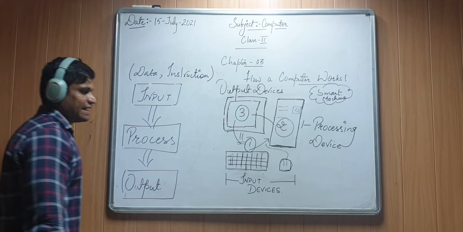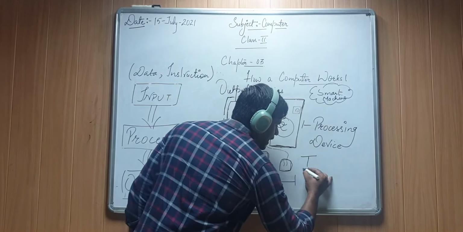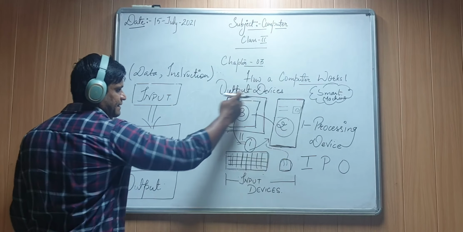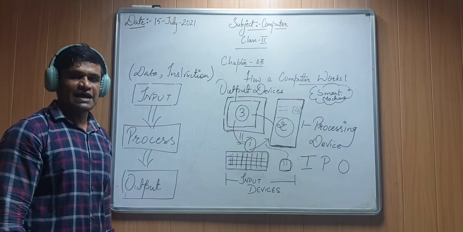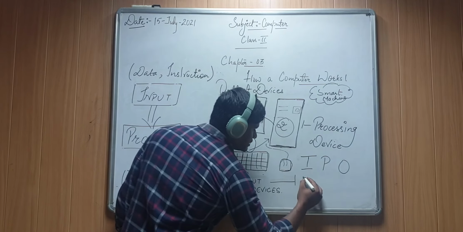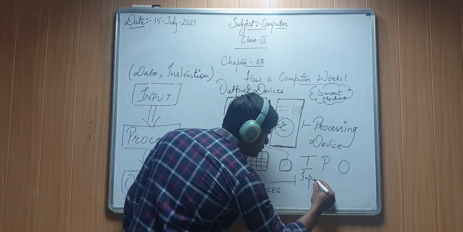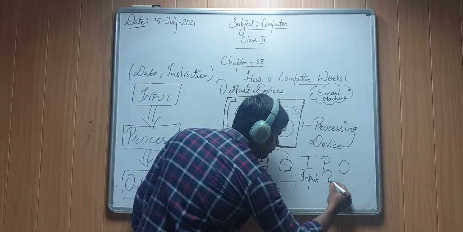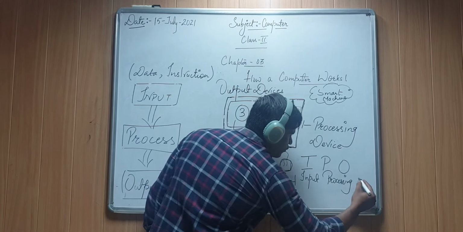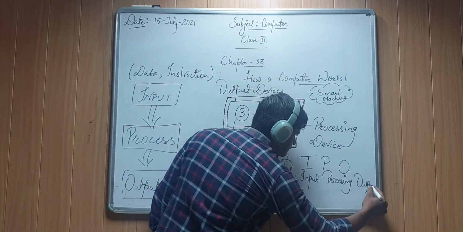Hence, this cycle is known as the IPO cycle. This 3-step process is known as the IPO cycle, where I stands for input, P stands for processing, and O stands for output.